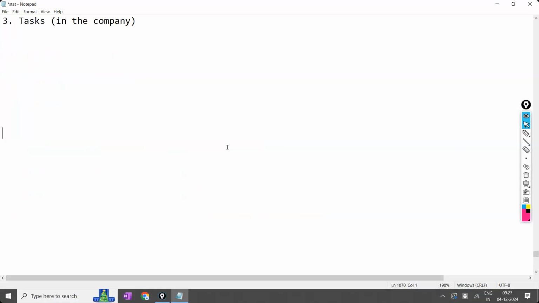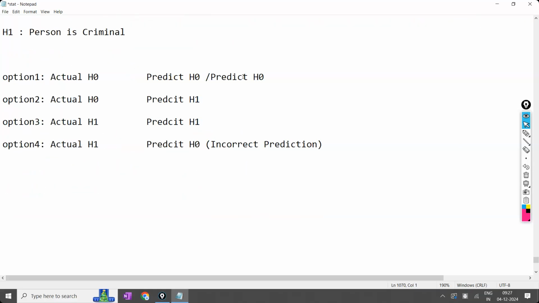Predict H0 is also called accept H0. Whatever you are predicting, that you are accepting. If you are predicting H1, you are accepting H1.